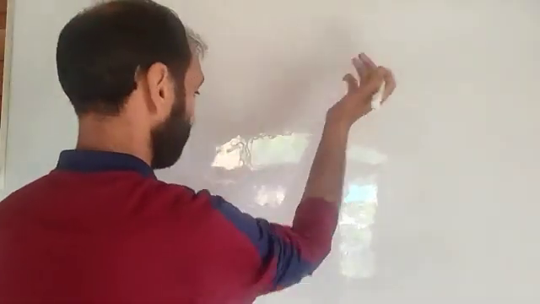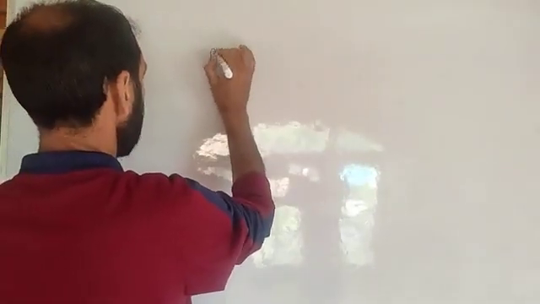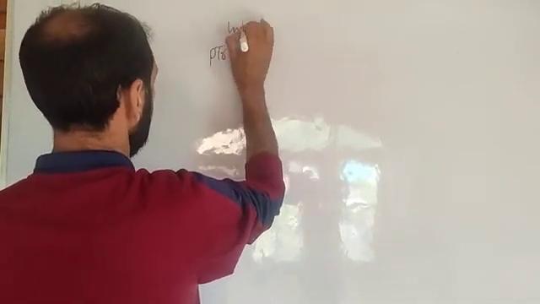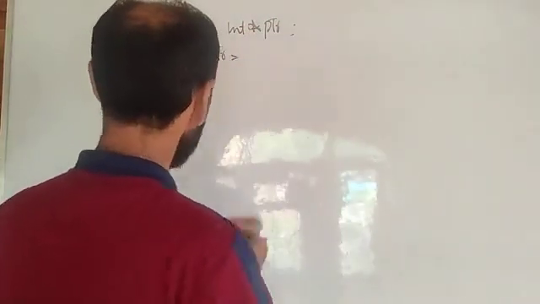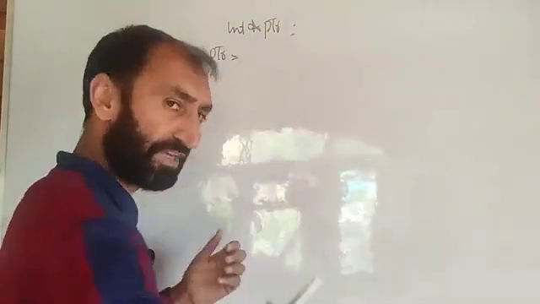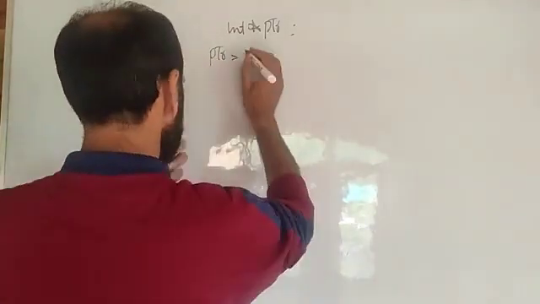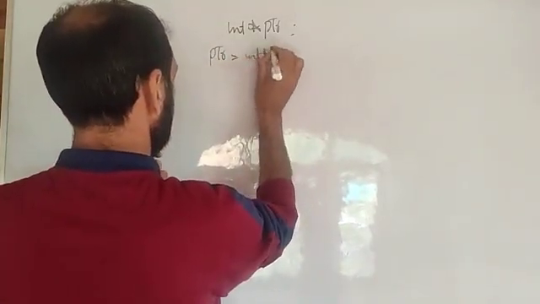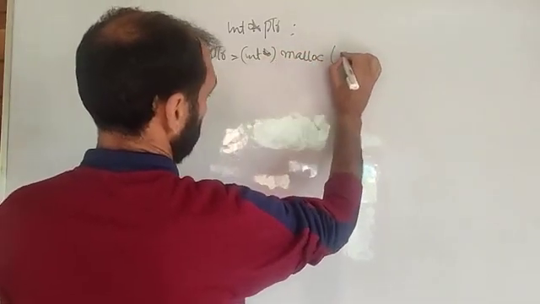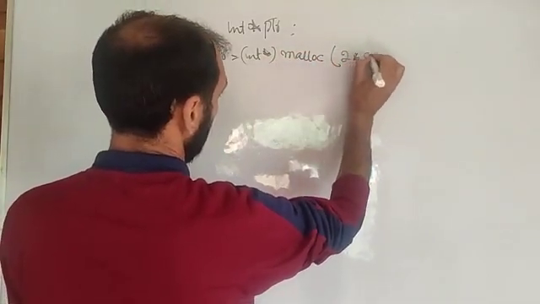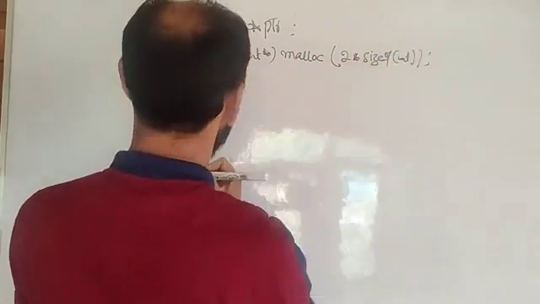For example, ptr is a pointer, an integer pointer, and I am requesting dynamic memory allocation by using the malloc function here: malloc(2 * sizeof(int)).